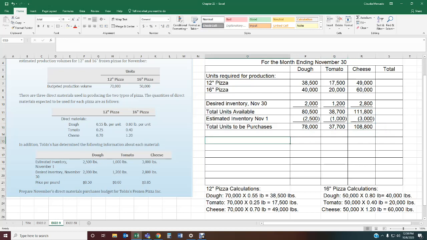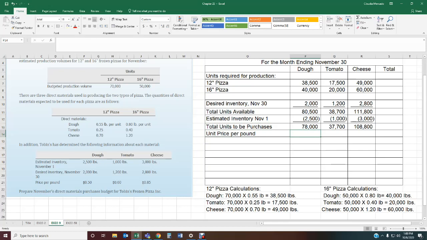Okay. Now that we know how many pounds of actual material we need to purchase, we can multiply it times our price per pound to be able to calculate our total direct materials to be purchased. So the problem gives you the unit price per pound.